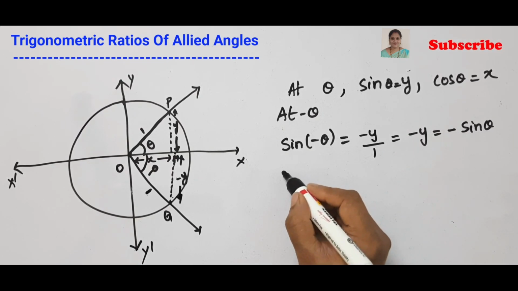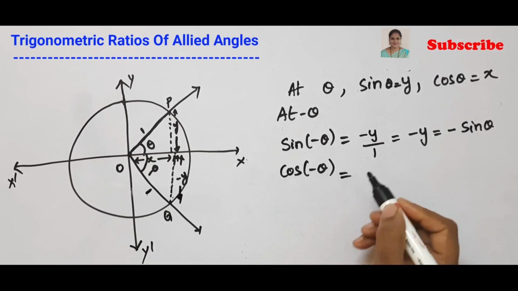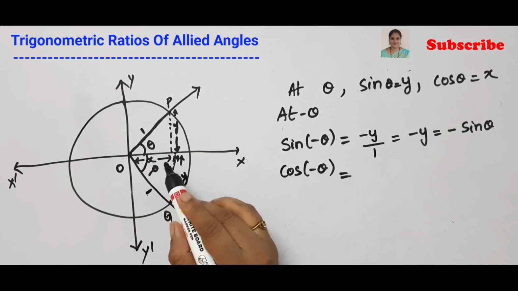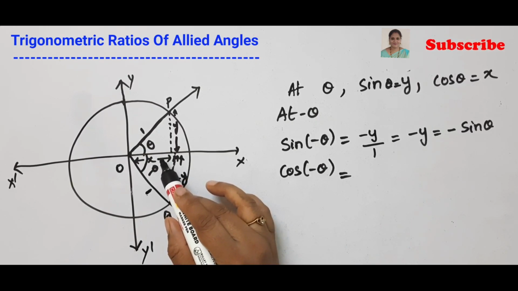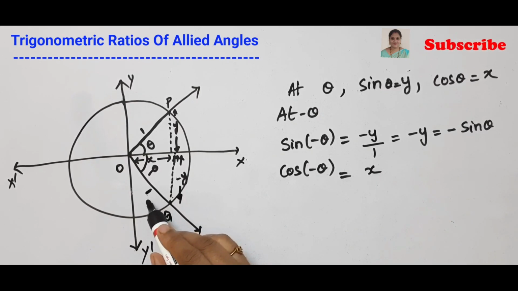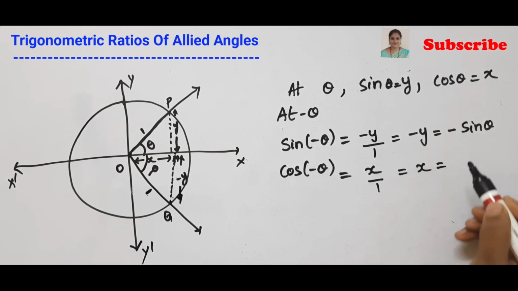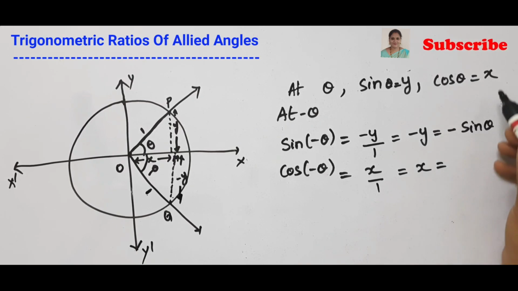Next, let us calculate cos of minus theta. Cos of minus theta is nothing but the adjacent side, which is x, by hypotenuse. The hypotenuse is 1, so this is equal to x, and x is nothing but cos theta.